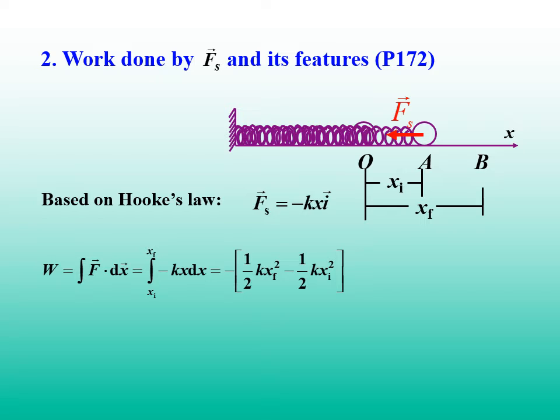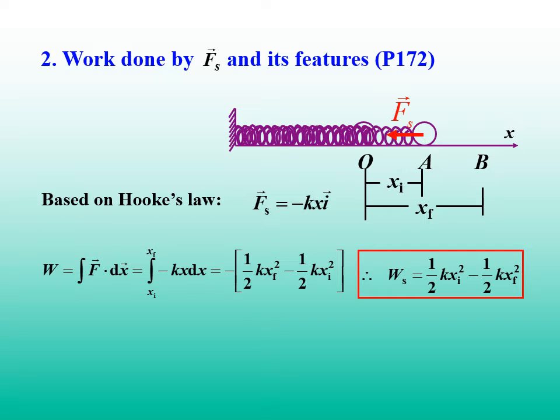So, the work done by the elastic force, W, equals the integral of F dot dx, which equals the integral of minus kx dx from xi to xf, which equals minus (1/2 k xf squared minus 1/2 k xi squared).